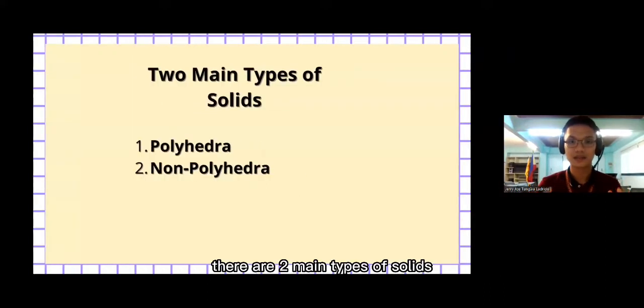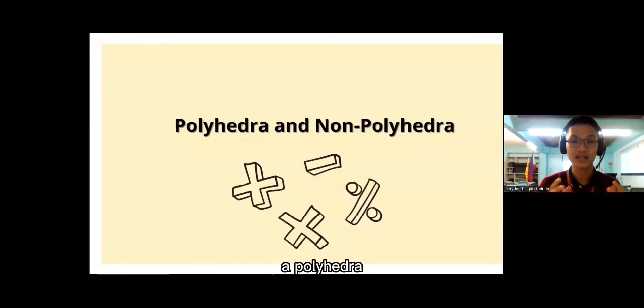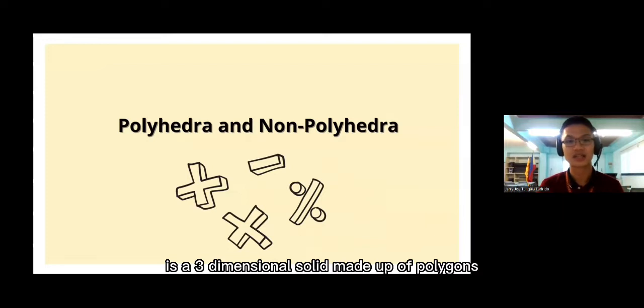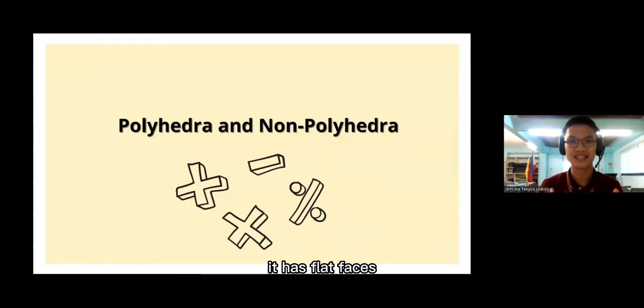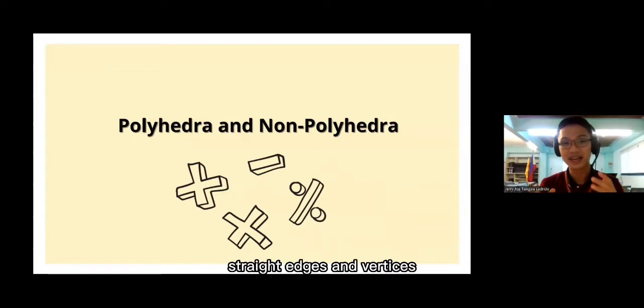There are two main types of solids, which are the polyhedra and non-polyhedra. A polyhedron is a three-dimensional solid made up of polygons. It has flat faces, straight edges, and vertices. For example, a cube, prism, or pyramid are polyhedrons.